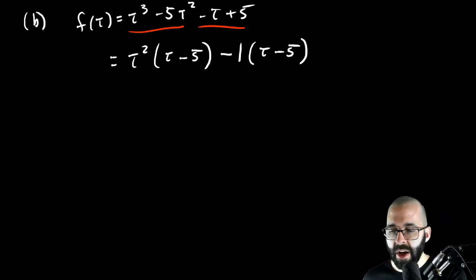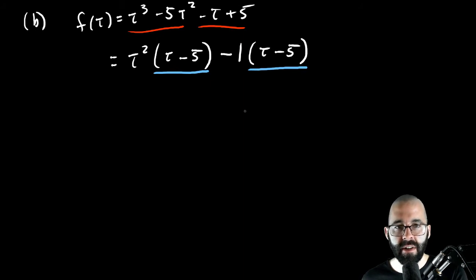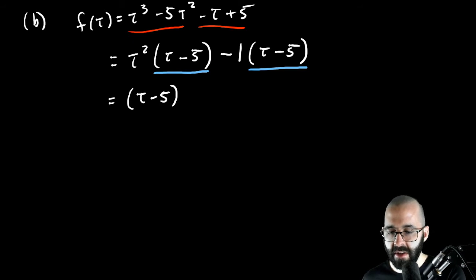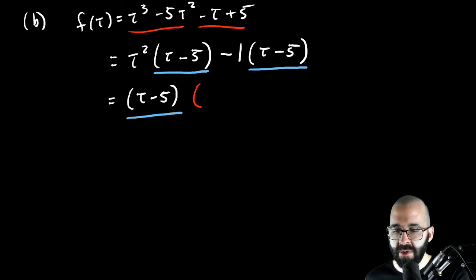So now we pull out another greatest common factor. Right? This has a t minus 5, and this has a t minus 5. So we're factoring both of these out. It's the opposite of distributing. Right? We factor out a t minus 5. And when we factor out that t minus 5, what's left over?